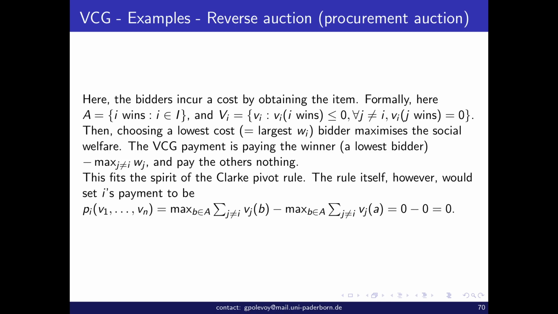Okay, so the mistake wasn't there. This idea of charging the second worst cost was similar to this idea of what we had in the Clarke rule, but that's not exactly that. The rule itself is not applicable.